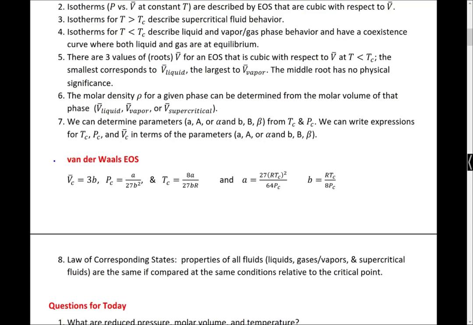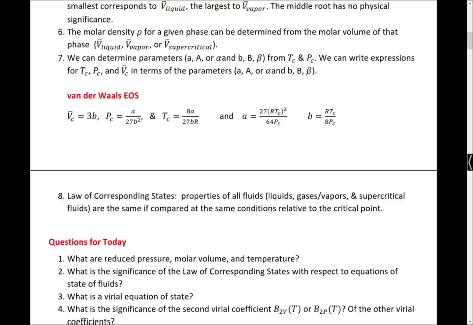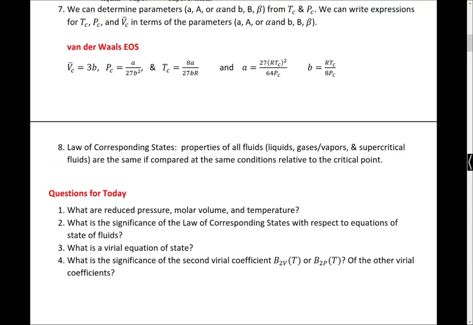Okay? And these were the results that we came up with in lecture and in the homework. Right? So that led us to state the law of corresponding states. And that basically says that any fluid, gas phase, liquid phase, or supercritical fluid phase, we expect them all to behave identically as long as we're comparing them at the same conditions relative to the critical point.